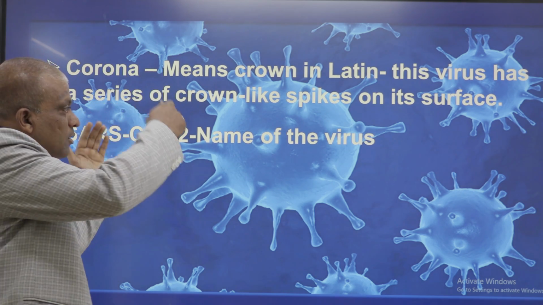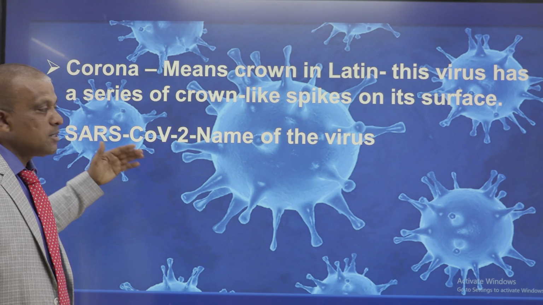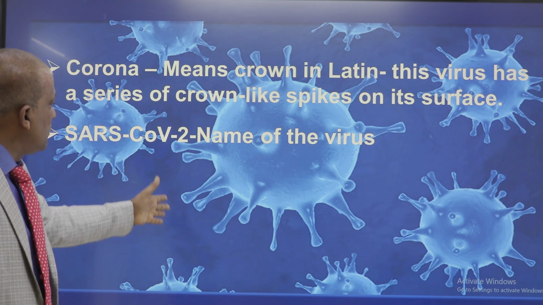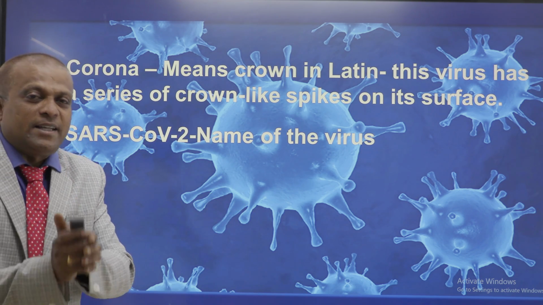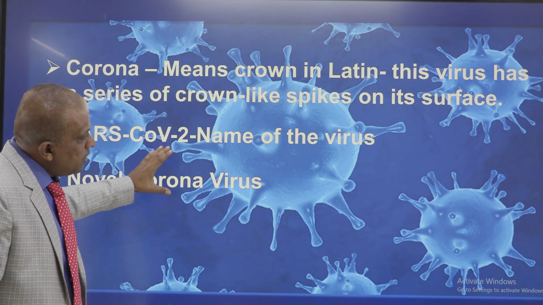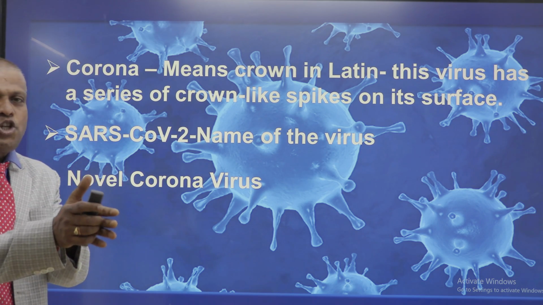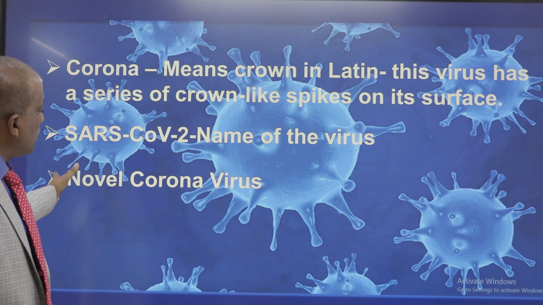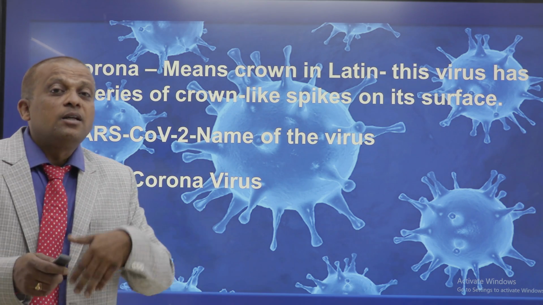So, a related word is SARS-CoV-2, that is severe acute respiratory syndrome coronavirus 2, that is the name of the virus. So, in general it became coronavirus and it is called novel coronavirus. Why? Novel means new.